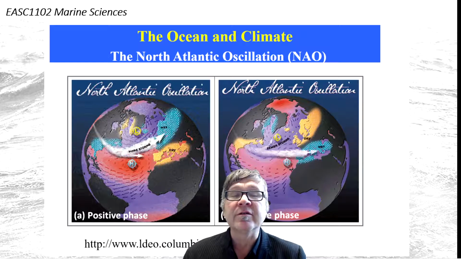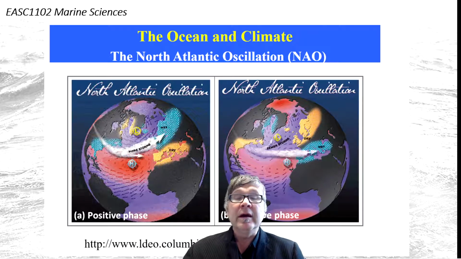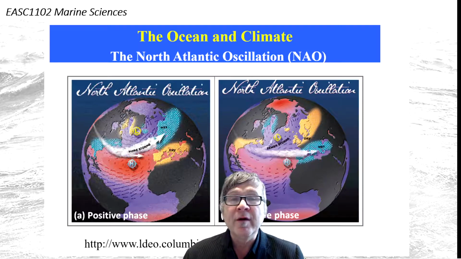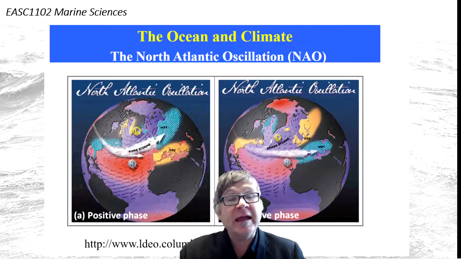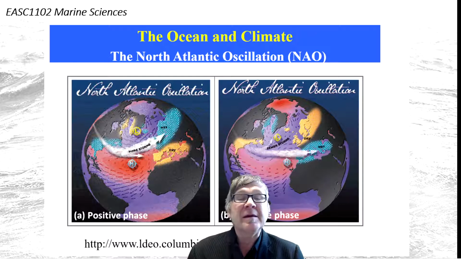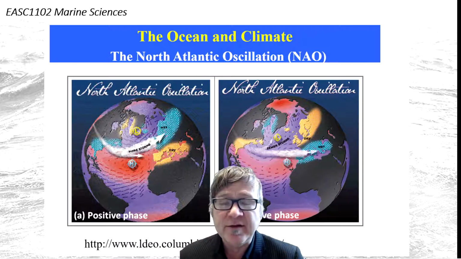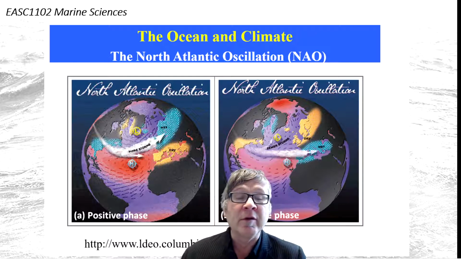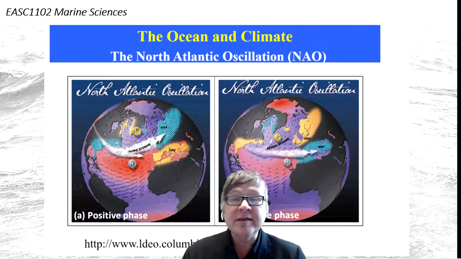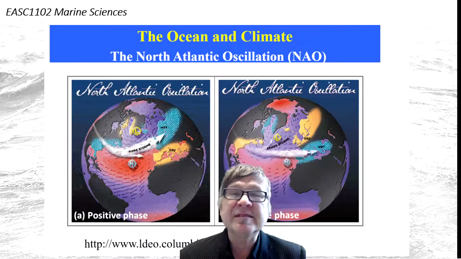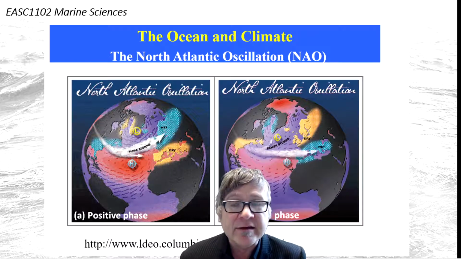It's called the North Atlantic Oscillation, or NAO, and it also has two phases, a positive and a negative. So in some years you are more in the positive phase, and in other years you are more in the negative. And again, the time scale between these phases is about 2 to 7 years.